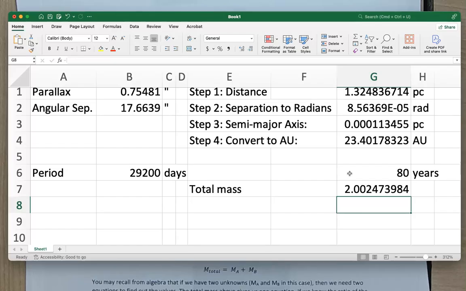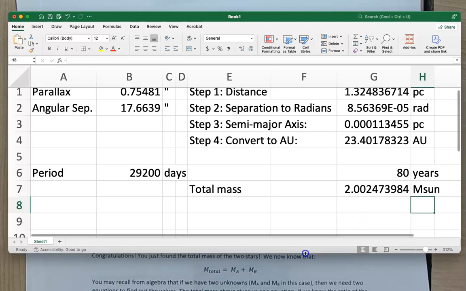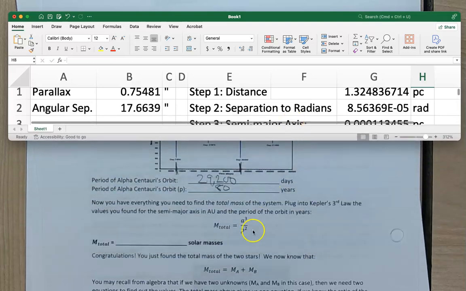That's 2.002 solar masses. Remember how in Kepler's third law, the total mass is always in solar masses, the semi-major axis has to be in AU, and the period has to be in years. That's why we've been having to do all these unit conversions.